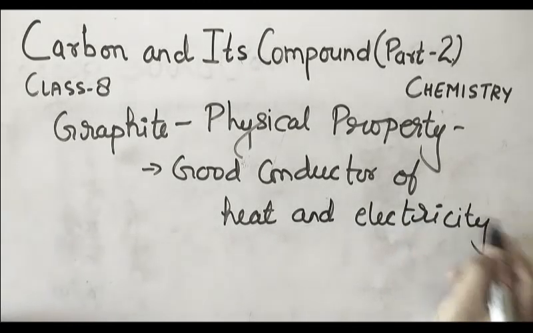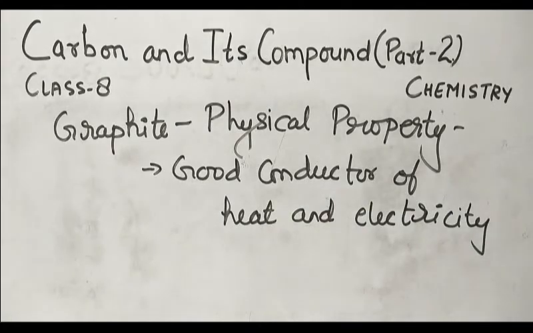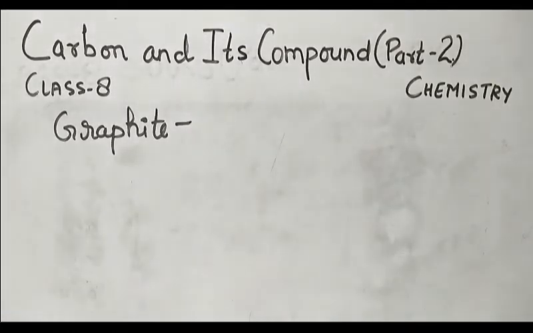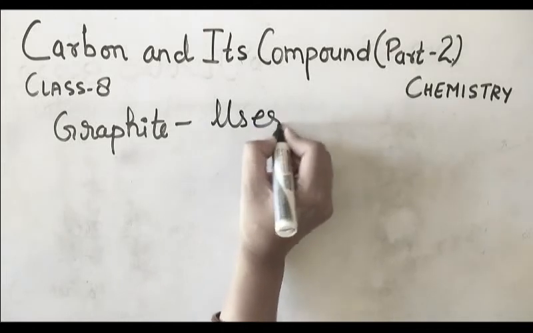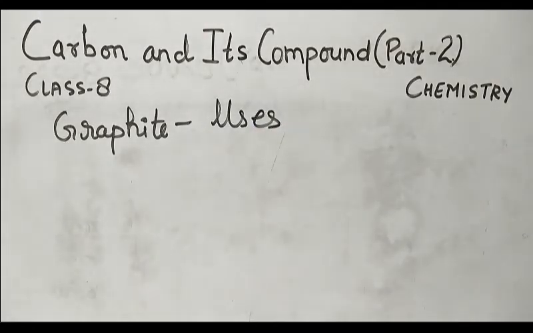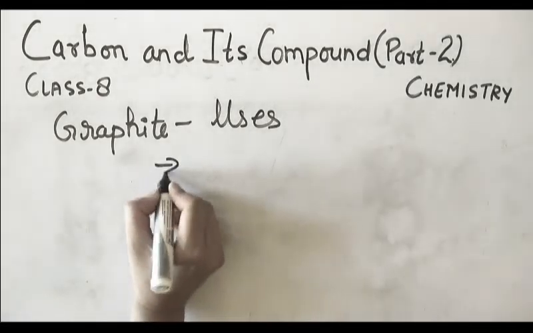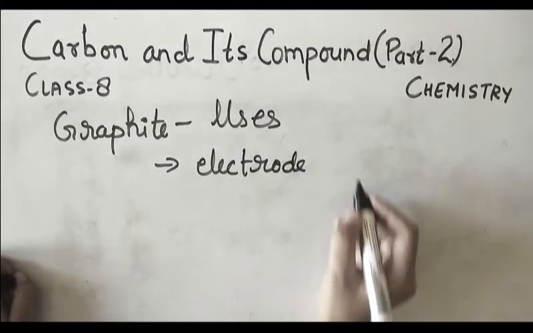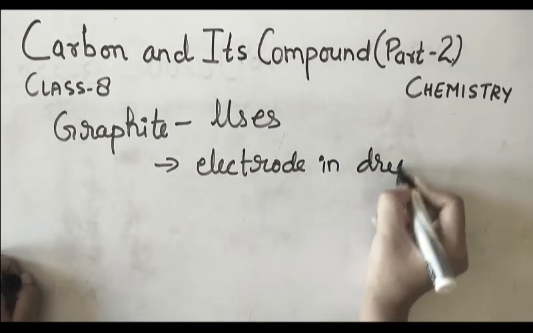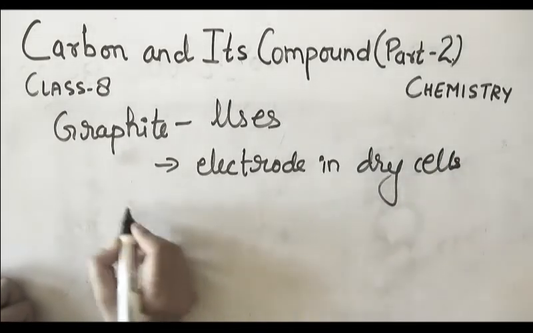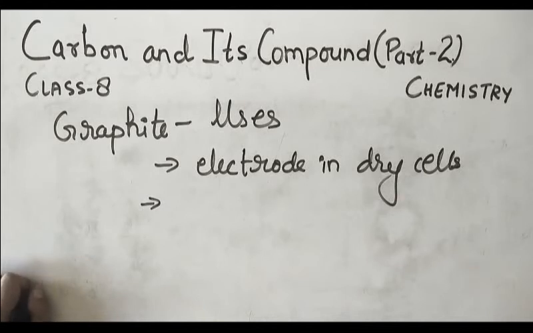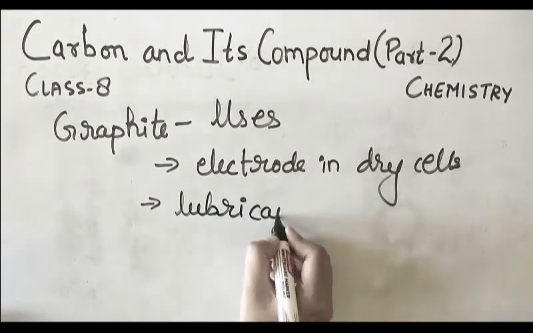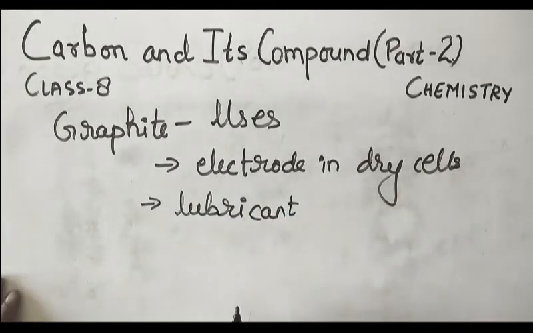Now let us see the uses of graphite. One use everyone knows: graphite is used as an electrode in dry cells. It is used as a lubricant in machines to reduce friction.